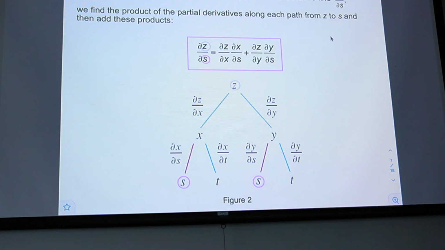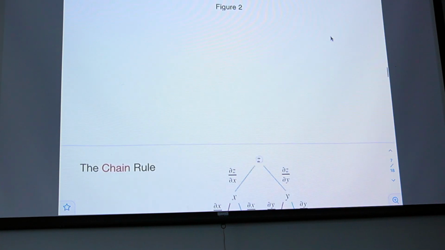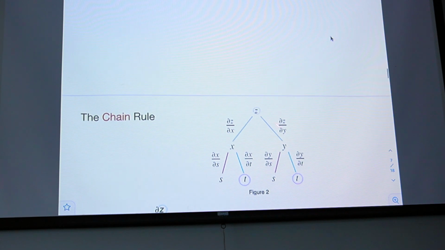So if you have a hard time remembering this formula, then you can think about this diagram. How can I get from here to s? You go down this path, plus you also go down this path. Two different paths to get to that. Now looking at this diagram, can you tell me what partial z, partial t will be?